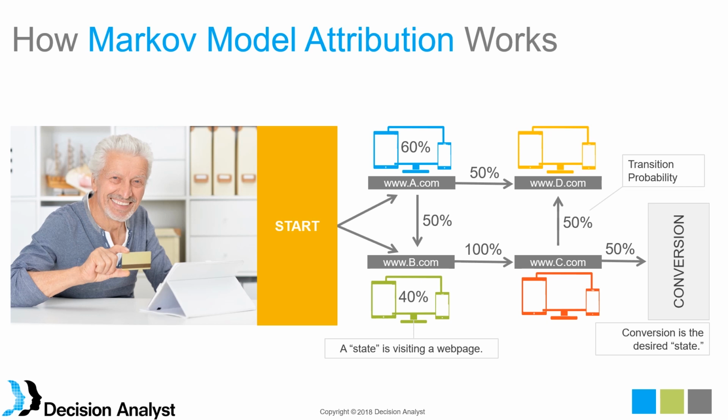And the point of Markov modeling is to come up with these percentages: the initial state probabilities, the 60 and 40%, and the transition probabilities, the probabilities of moving from one website to another in this example. And then, of course, we need to know whether someone actually buys or not, which is the conversion.